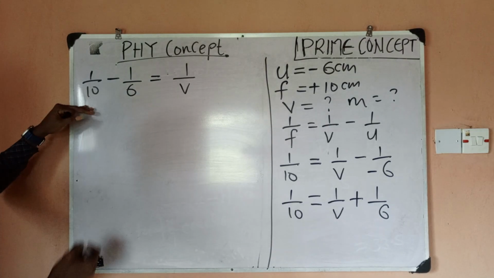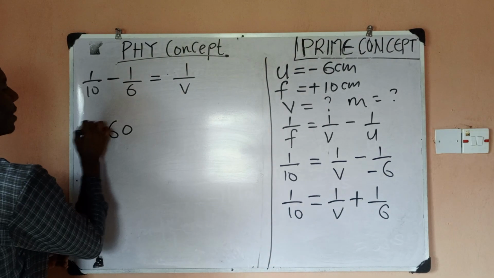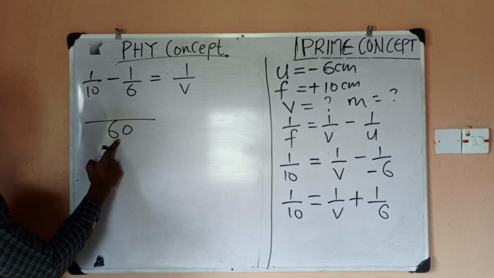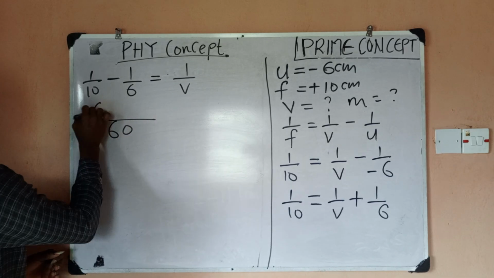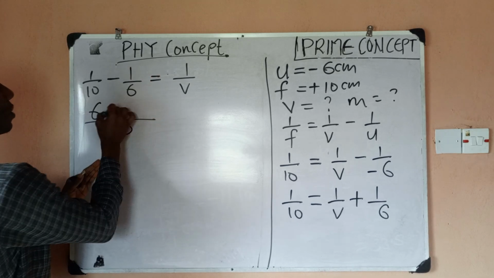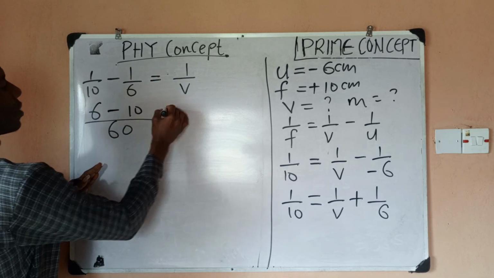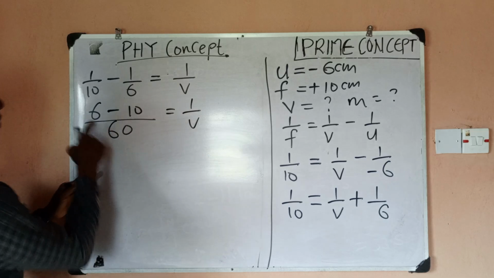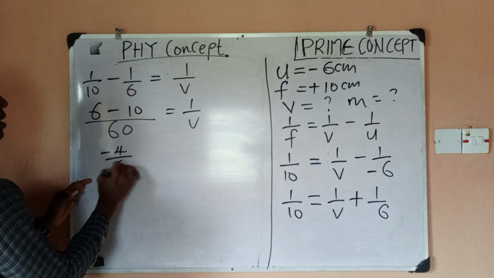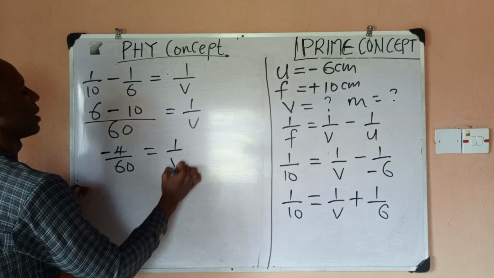If we find our LCM, we're going to take 60. 10 in 60 gives 6, 6 times 1 is 6. 6 in 60 gives 10, 10 times 1 is 10. Now 6 minus 10 is minus 4 divided by 60, which is 1 by v.